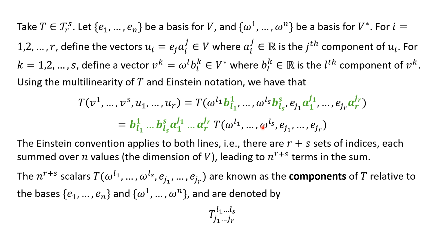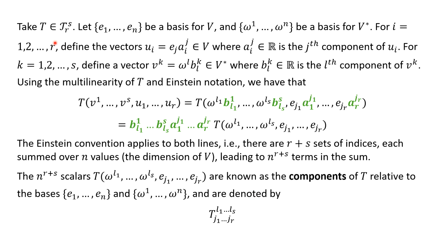So these L1, L2 up to LS range from 1 to n, since the basis has n elements in it, and the same for these here. And these are known as the components of T, and it's written in this notation here.